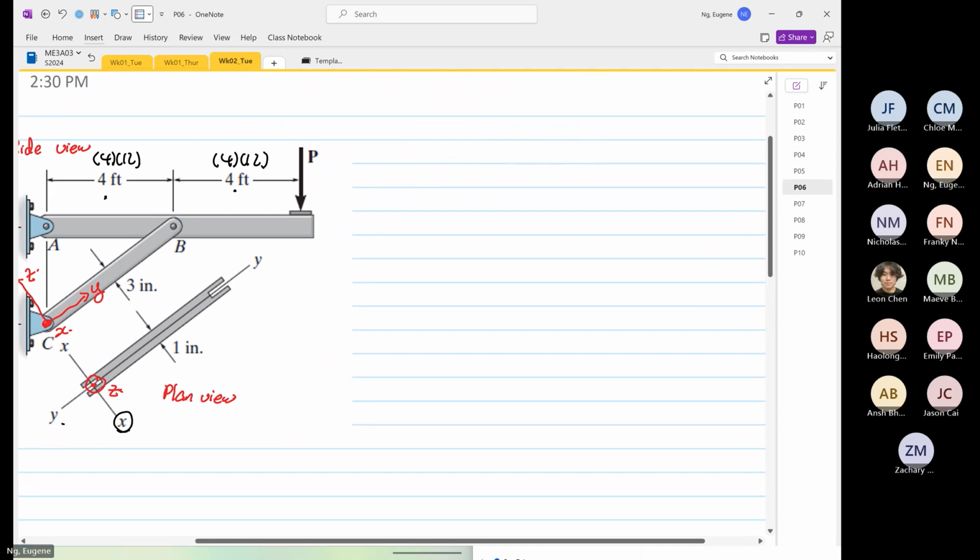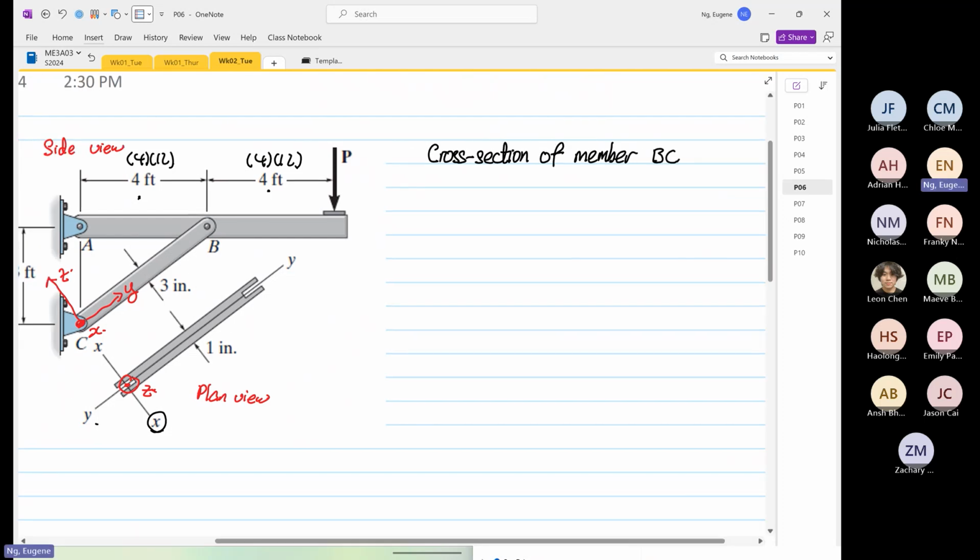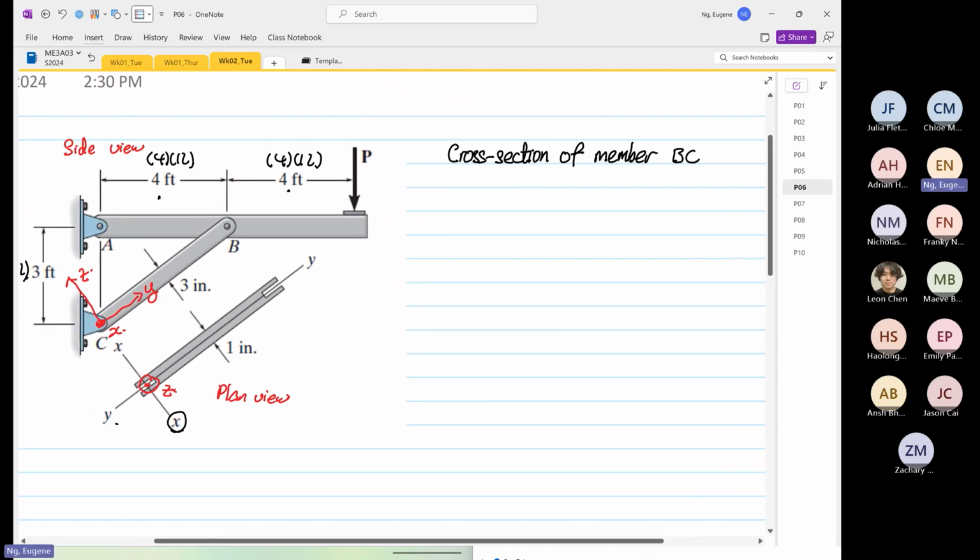Cross-section of member BC. Okay, we're going to sketch it. So if we sketch the cross-section view of member BC, right?